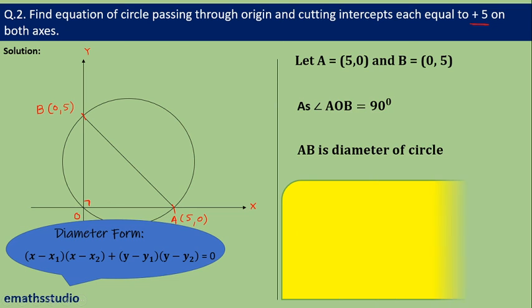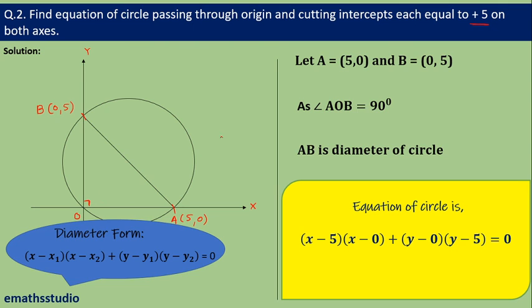Now here I start with the substitution. Equation of circle can be written as, now x1, y1 is the first point and x2, y2 is the second point. So when I substitute these values here, I get it as (x − 5)(x − 0) + (y − 0)(y − 5) = 0.